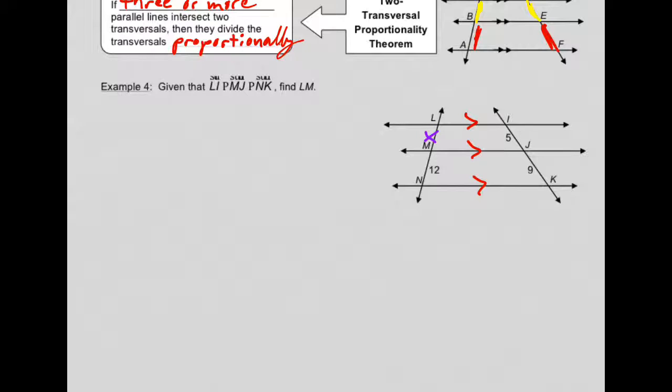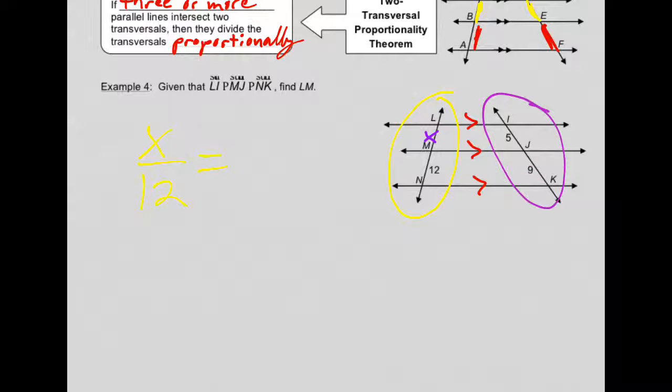Okay. Well, I'm just going to look at this side right here, and I see that I've got LM is x, and MN is 12. So I'm just going to say x over 12 equals, then I'm going to take a look at this side. I see that IJ is 5 and JK is 9.